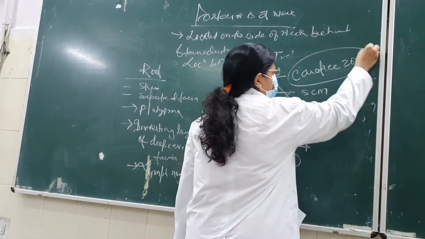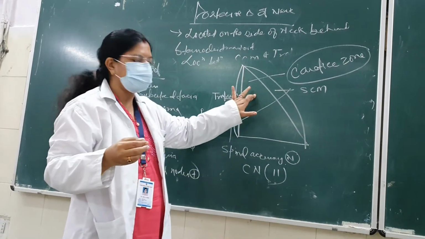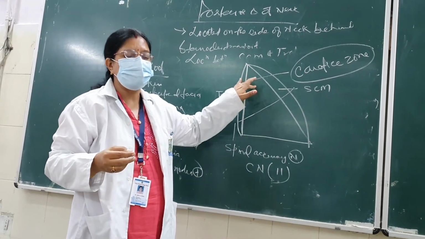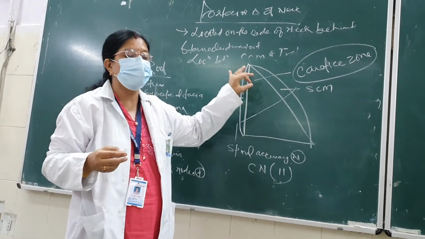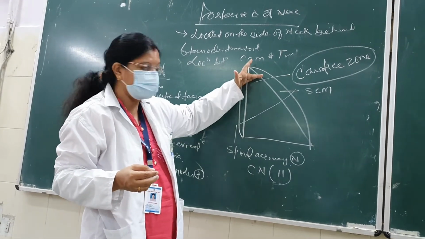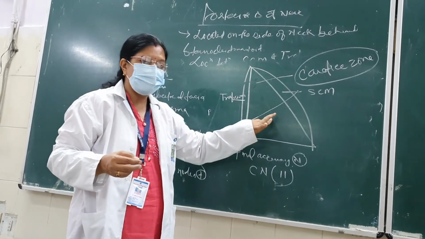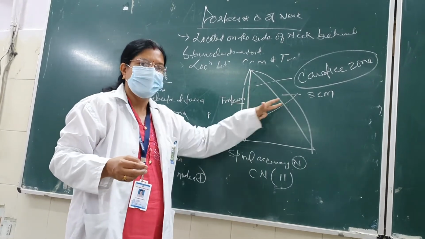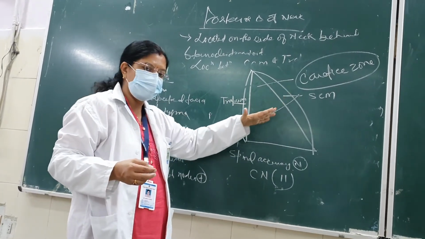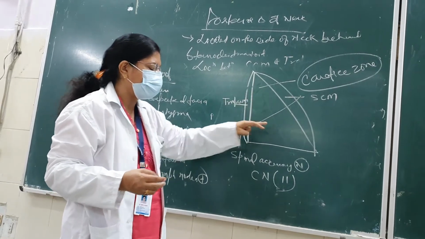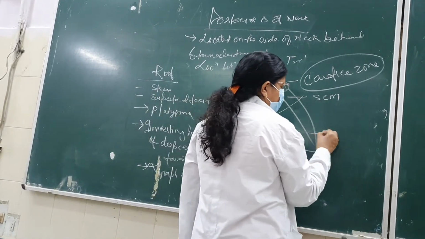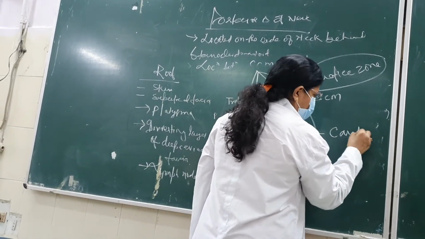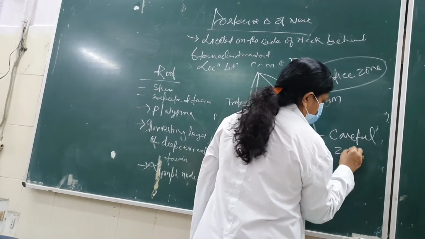As a surgeon, you don't have to look at where my scalpel is going in this area because nothing important is there. But as a surgeon, you need to be very careful below this nerve, from where this nerve passes. This is the careful zone.